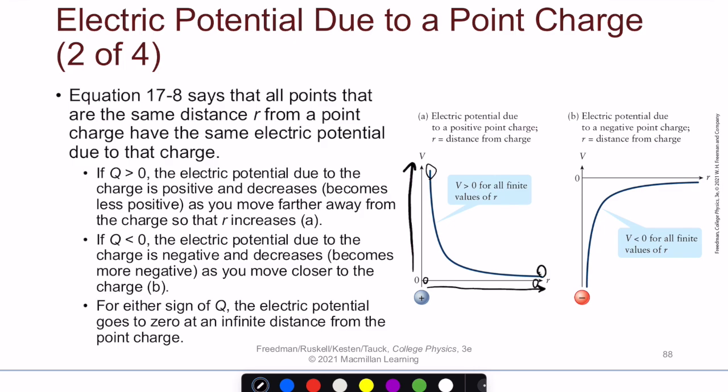And all those values are positive, because anywhere around a positive point charge, you'll have a positive potential. Now for a negative charge, the smaller the R, the larger the V, but that V is negative. The larger the R, the closer V gets to 0. It becomes small magnitude, but it is negative.